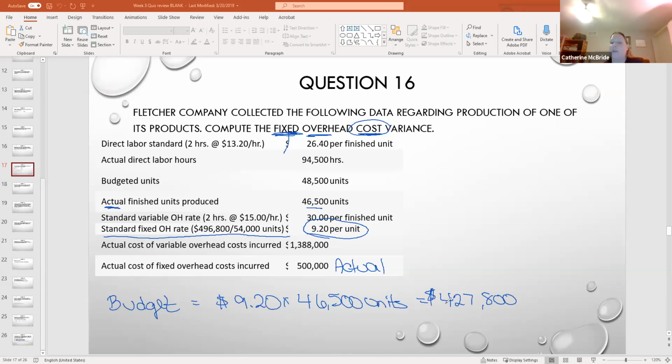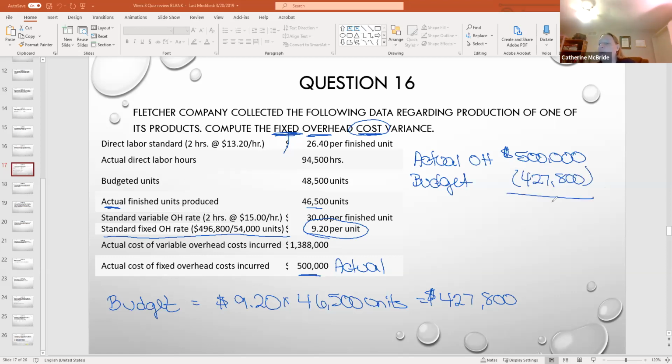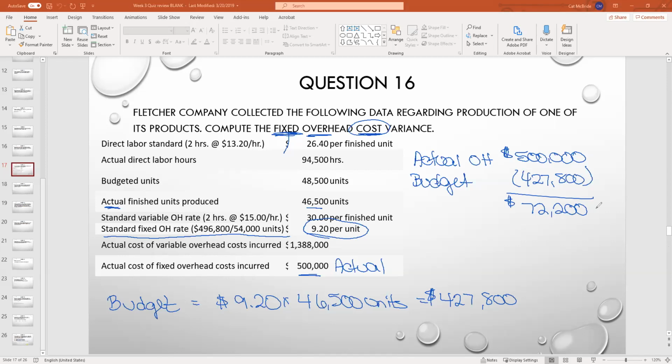Now we can compare the two. Our actual overhead was the $500,000 that was given to us. Our budget was 427,800. So our variance is 72,200. Is it favorable or unfavorable? Unfavorable. Actual over budget, right.